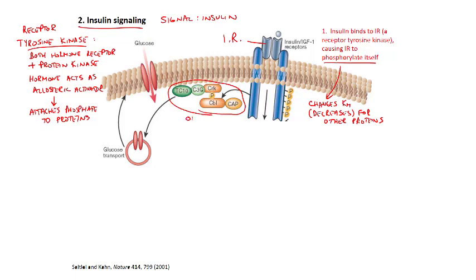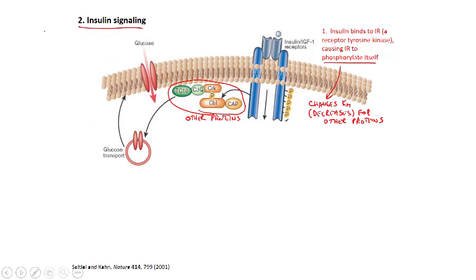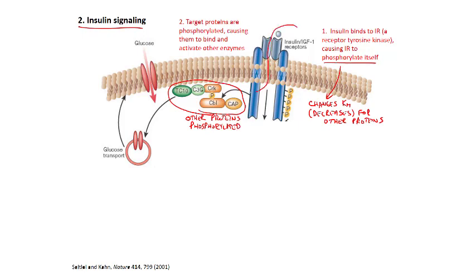So these are the other proteins. All right, so these become phosphorylated. And now our signal has gone from the outside of the cell to the inside. So this would constitute our relay.